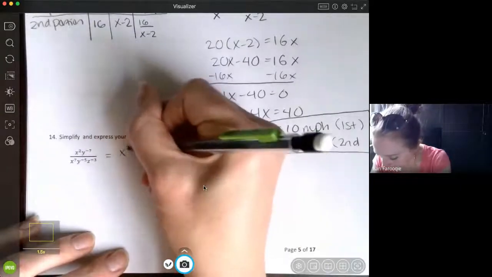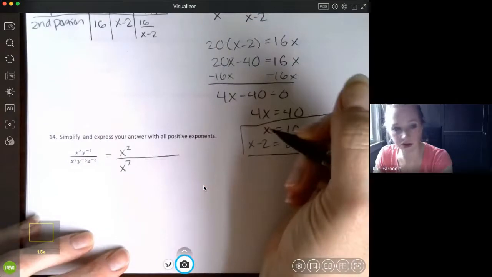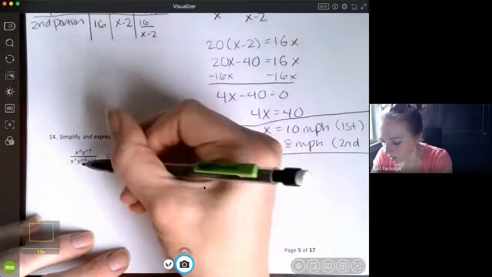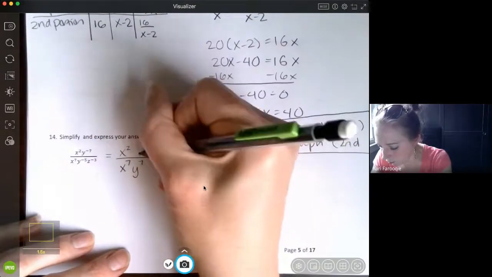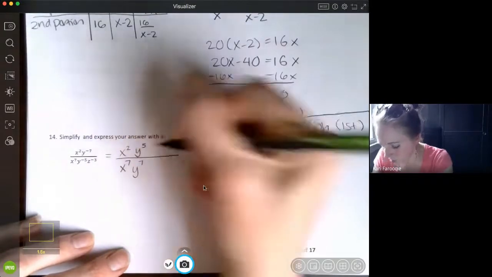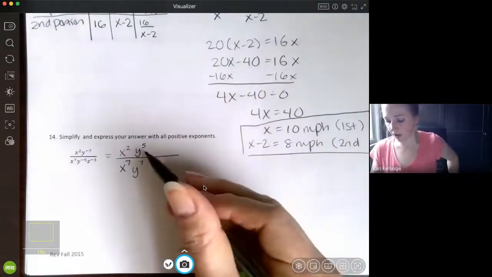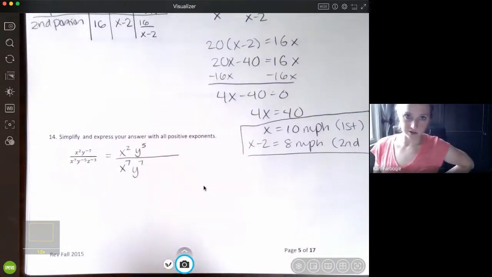I'm going to go ahead, though. I'm going to leave the x squared in the numerator where it is, and I'm going to leave the x to the 7th in the denominator because those are both positive exponents. But the y to the negative 5th and the y to the negative 7th, those I'm going to flip or switch just to make their exponents positive. So now I'm going to have y to the positive 5th in the numerator and y to the positive 7th in the denominator.